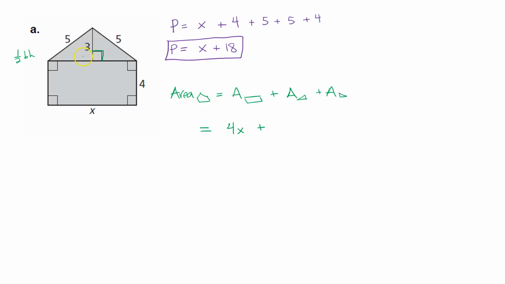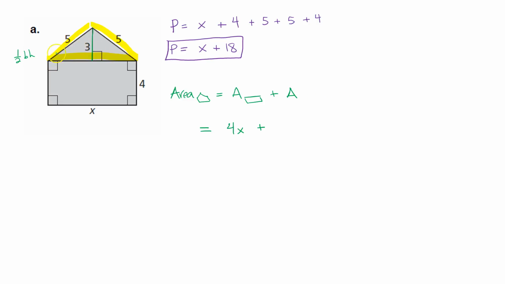So we've got this height right here and this base right there. But what is this base? You know, it might be easier to think of this as one triangle just sitting on top.